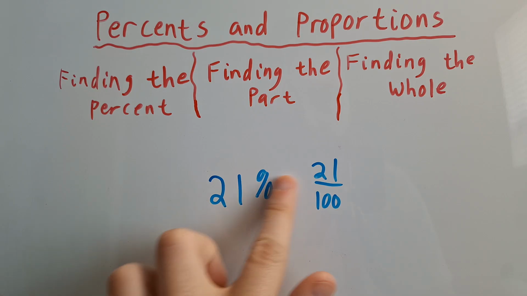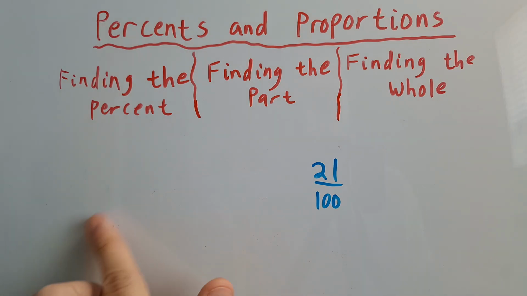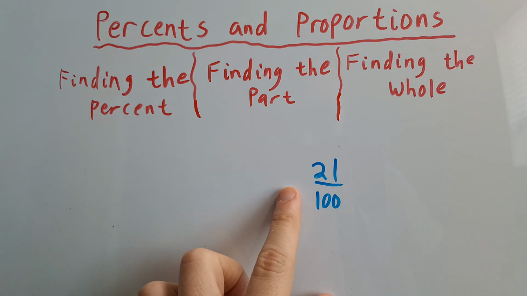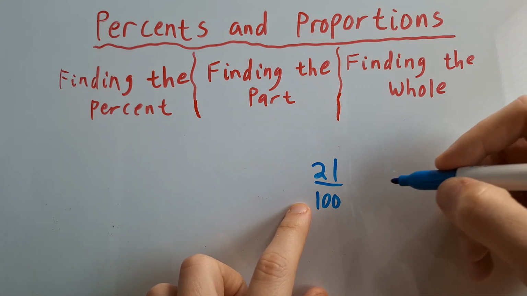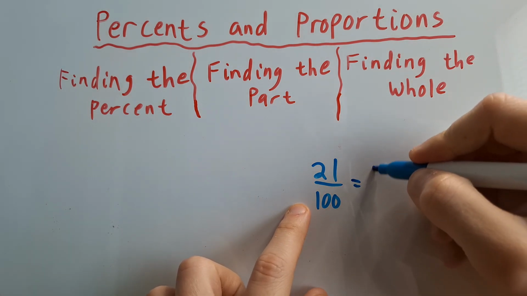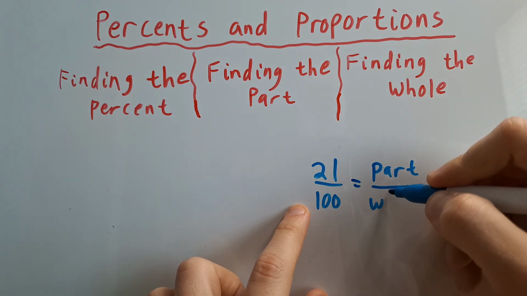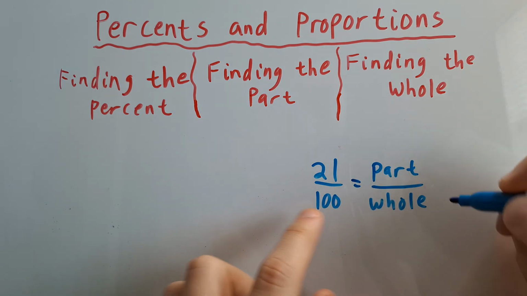And how that looks would be the following way. We'll have our percent value, whatever it may be, if it's given, over 100, and it will be equal to the part over the whole, whatever it may be.